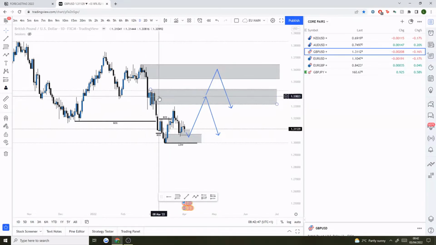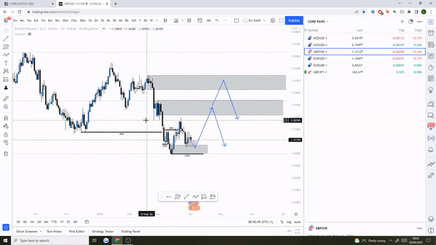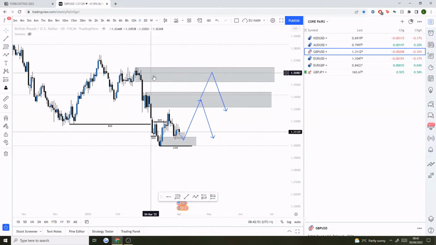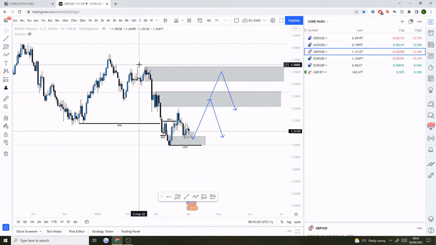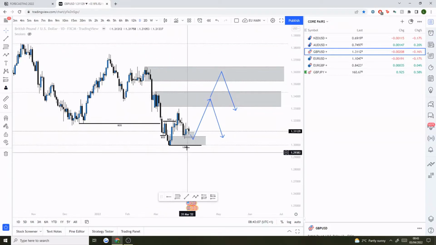If we can sell out of here, I'll do so, and then the same again, if we do break this area, I'll be looking for sells out of this extreme up here. So that's GU this week. Hopefully we get some buys following through with this intent for the start of the week, and then we can see what happens as we get into these higher areas, where I do think we'll see institutional supply coming into the market.